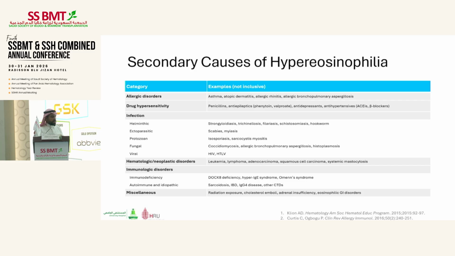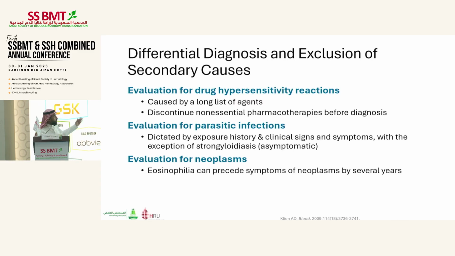So the secondary causes are an exhaustive list that you sit down with in the clinic. You are referred a patient with a high absolute eosinophil count, and you try to work your way through all of them together. Most of the time, it is actually going to be one of those three. So you figure out with the history if there is a drug hypersensitivity.